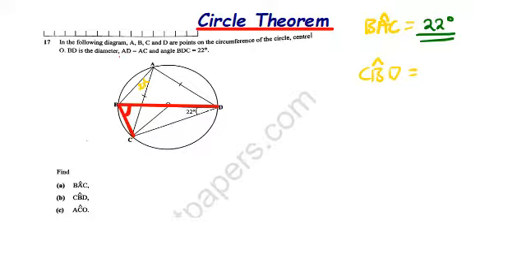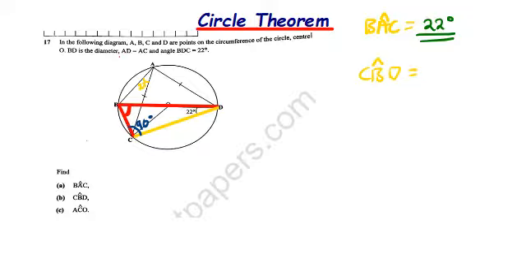Now, if we complete this, the triangle we come up with is a triangle in the semicircle. For a triangle in the semicircle touching the circumference, the angle opposite the diameter is 90 degrees. So here we have 90 degrees, and we already have 22 degrees.